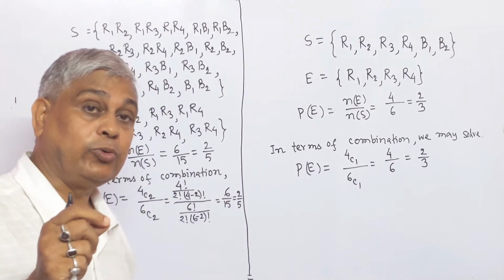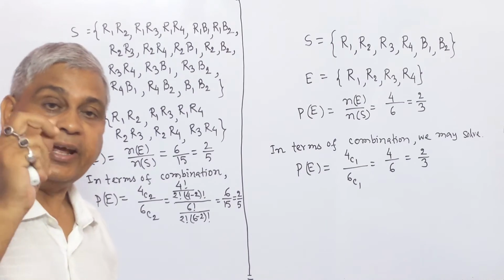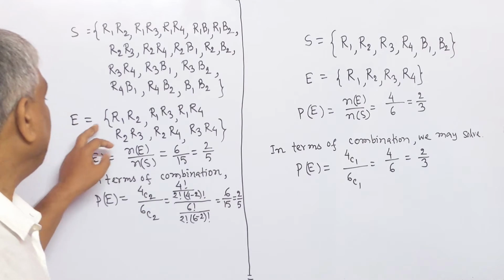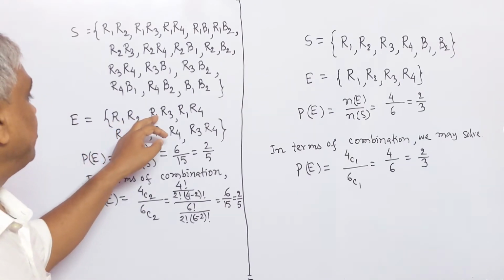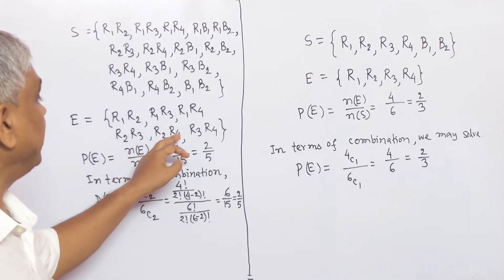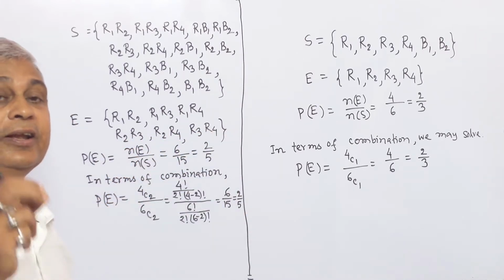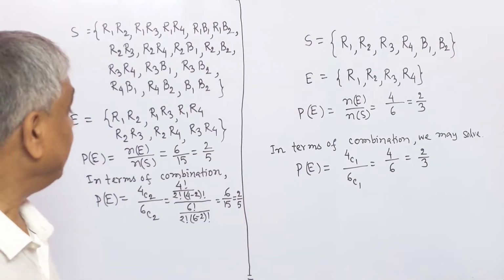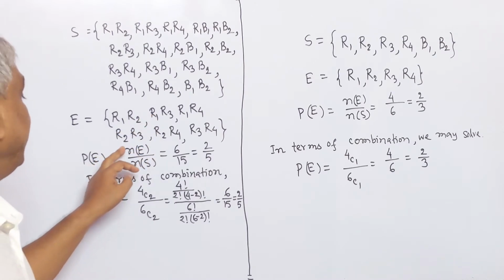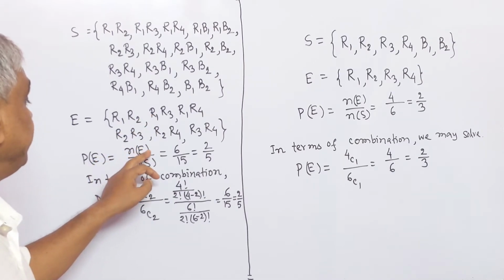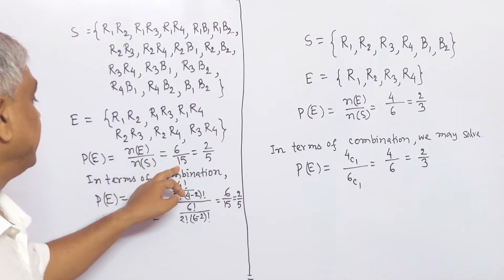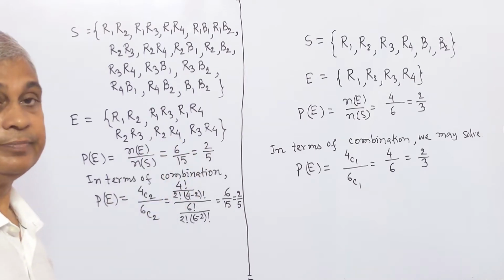Since we have to draw 2 red balls, the event will be R1R2, R1R3, R1R4, R2R3, R2R4, R3R4. The number of elements in the event will be 6. So the probability will be Ne by Ns, that is 6 by 15, which equals 2 by 5.